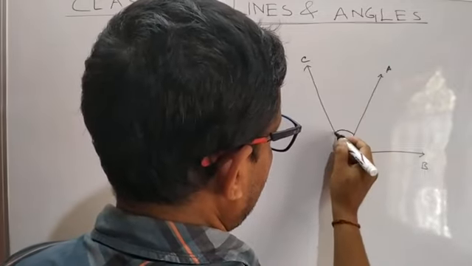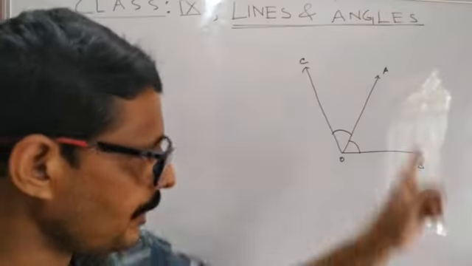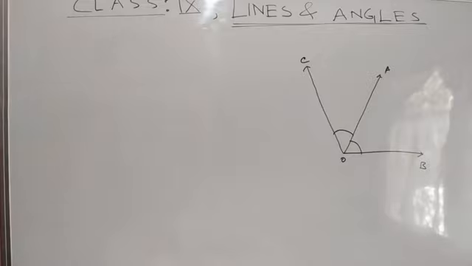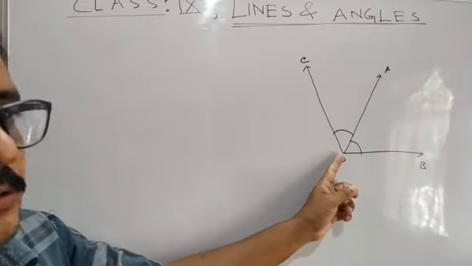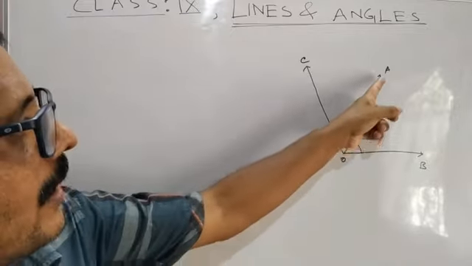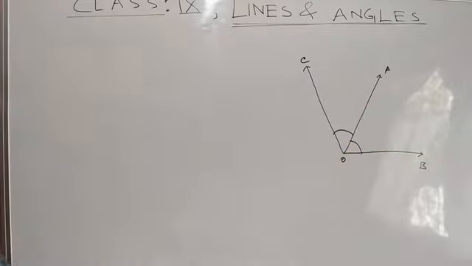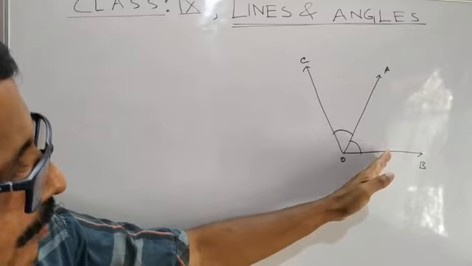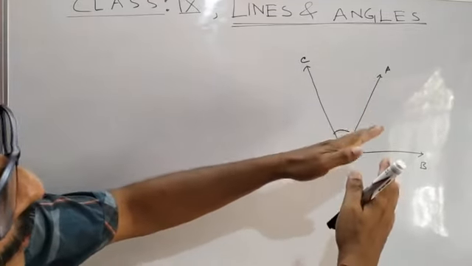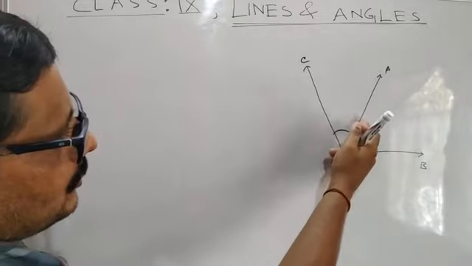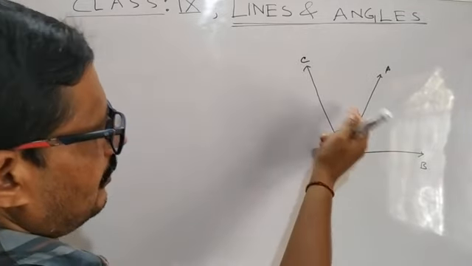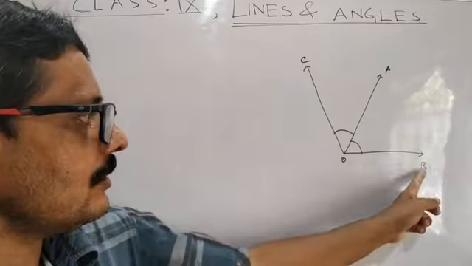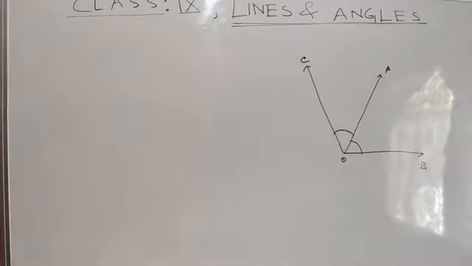Then angle AOB and angle AOC are called adjacent angles because they have a common vertex O. They have the common arm OA, and they have two non-common arms OC and OB. These non-common arms must be on the opposite sides of the common arm, so one non-common arm on this side, the other on this side. In this condition angle AOB and angle AOC are adjacent angles.